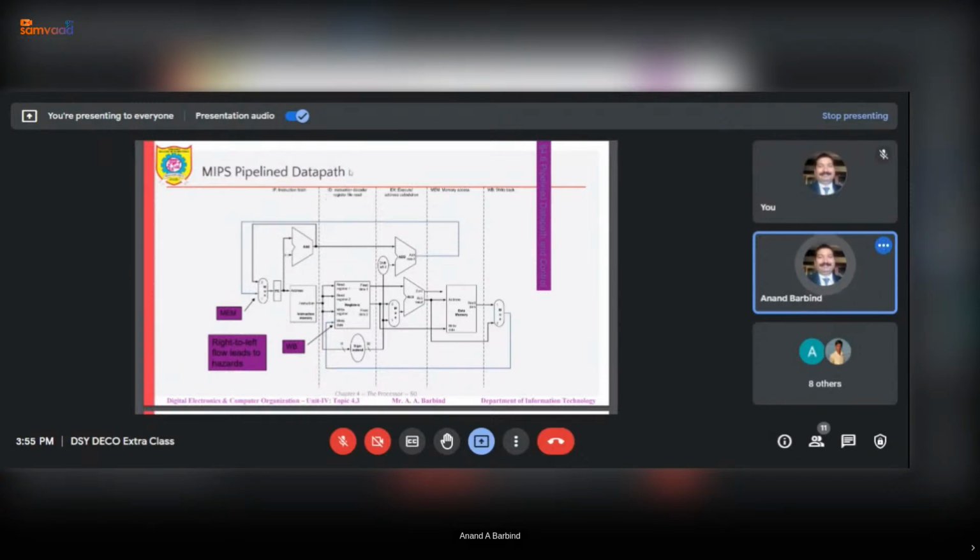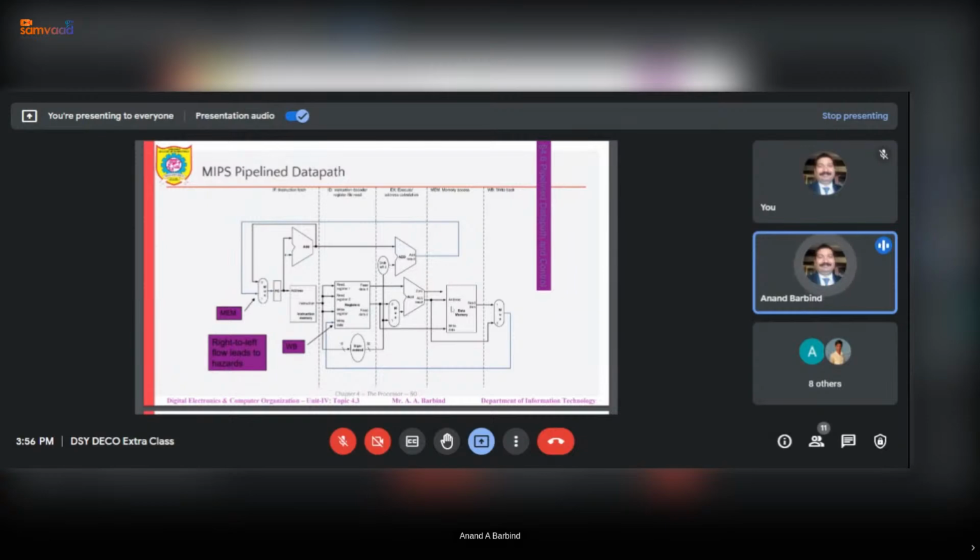Then the second partition in this MIPS processor is the instruction decode and register read unit, ID. Whatever comes between the next two dotted lines is EX, that is the execute unit. It will perform either addition or subtraction in the ALU, or if it is a load or store instruction, it will do the address calculation by adding the base address to the offset.